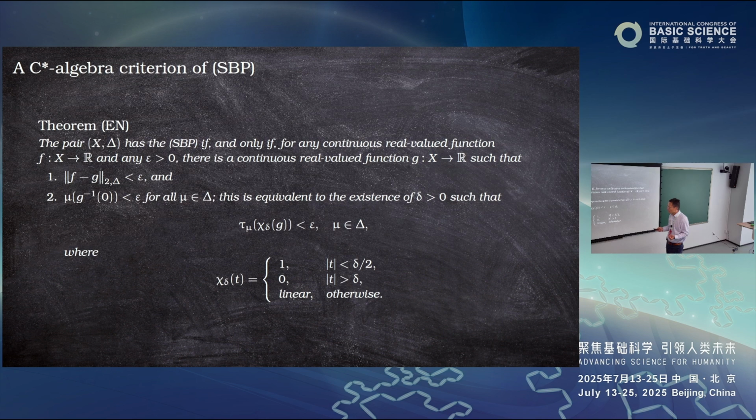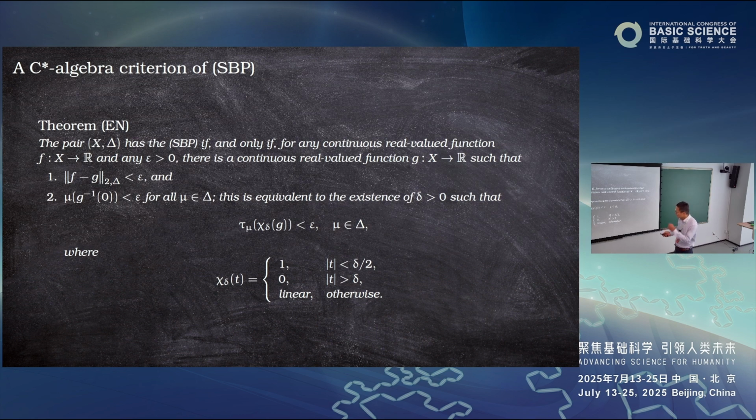So the function f may have a large zero set, but you are able to approximate it using g with a very small zero set. And you really can characterize all of this using C-star algebras. I mean, forget about the zero set. This can be characterized by this estimation using traces and some functional calculus in the C-star algebra.